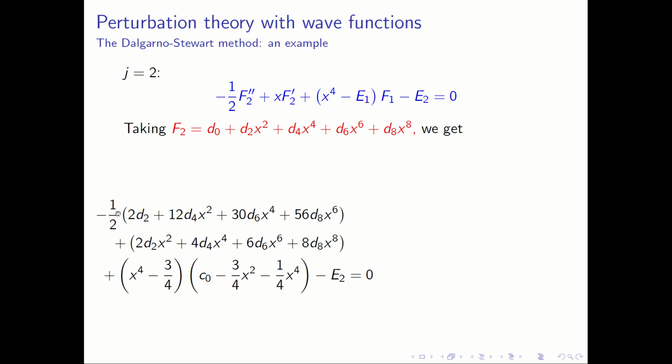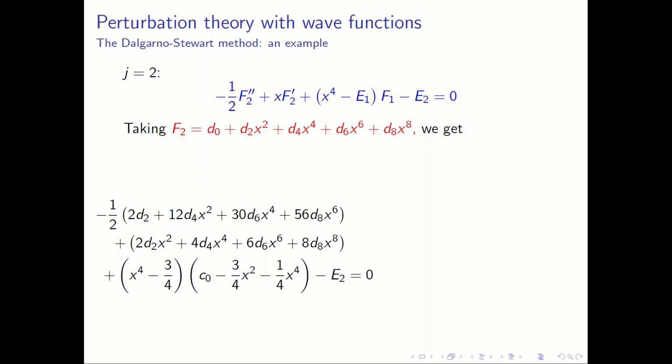So that gives you the second derivative term. x f2 prime simply gives you this expression, again a very simple calculation, and of course here you have x to the 4 minus e1, which I already know is 3/4, times f1. And what I've deliberately done here, just to illustrate that not knowing c0 will really not make a difference to higher order physical results, is that I have not used normalization.